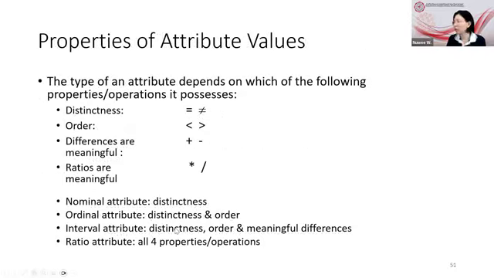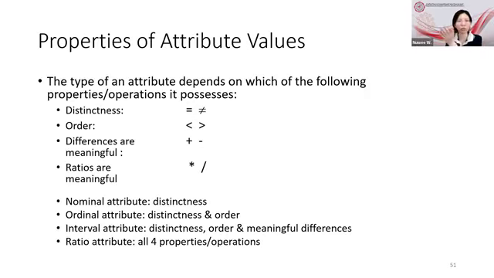So why do you need to know this? Because it dictates what is crucial for analysis, which is the properties of the attribute values, right? We need to know whether we can distinguish between the numbers, for example equals or not equals, or distinguish between categories.